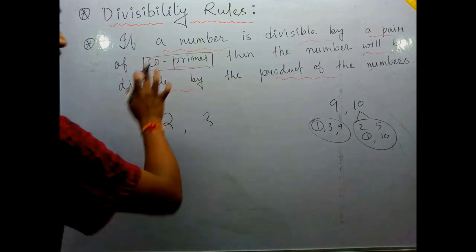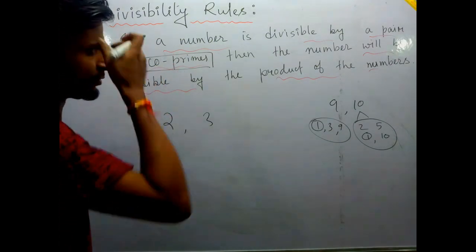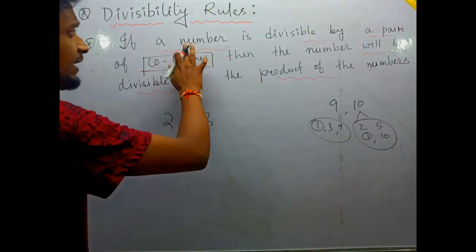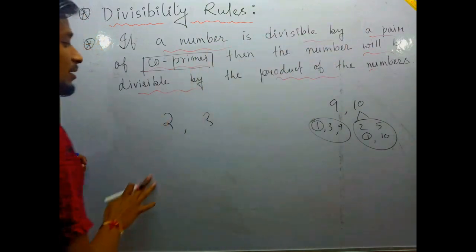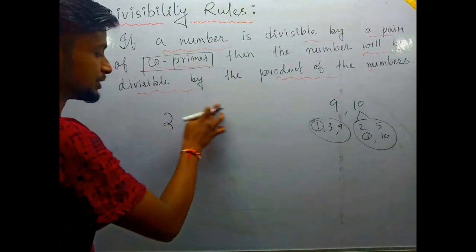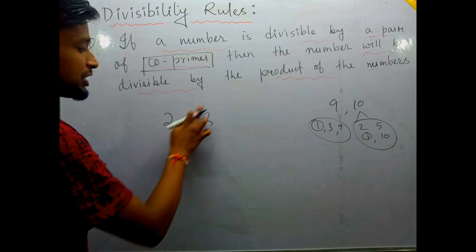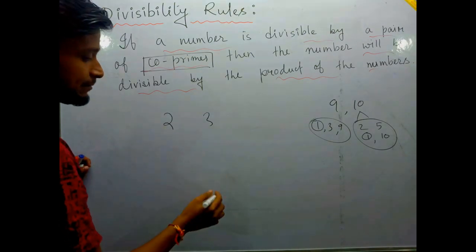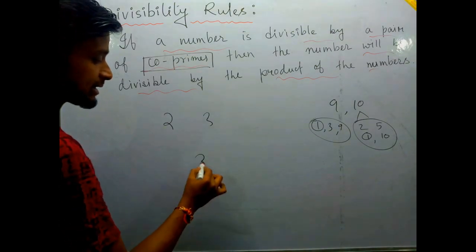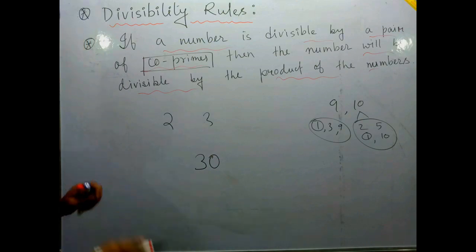So this fact holds for co-primes, notice. If a number is divisible by a pair of co-primes, suppose we take a number that we can divide by 2 and 3, say 30, any random number.